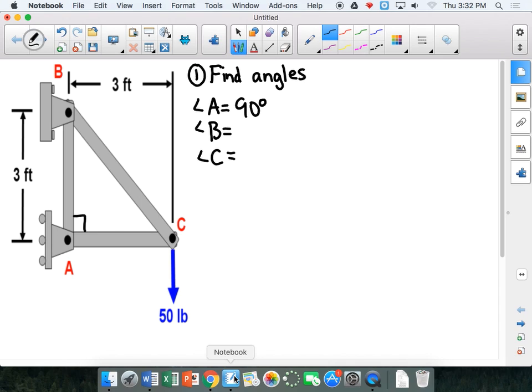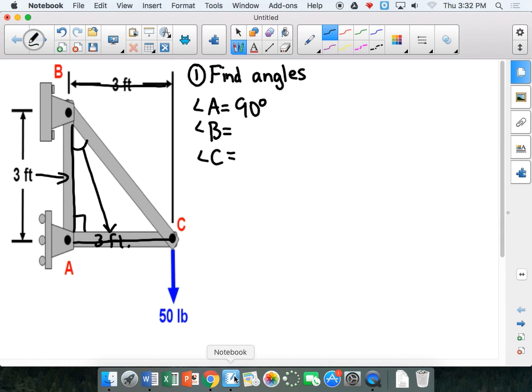So angle B would be this angle up here. And I know that its opposite side is 3 feet, because this up here is 3 feet. This down here also has to be 3 feet. And I know that its adjacent side is also 3 feet.